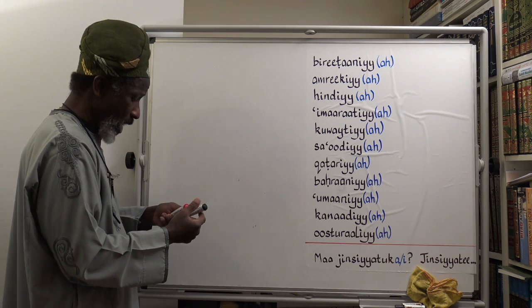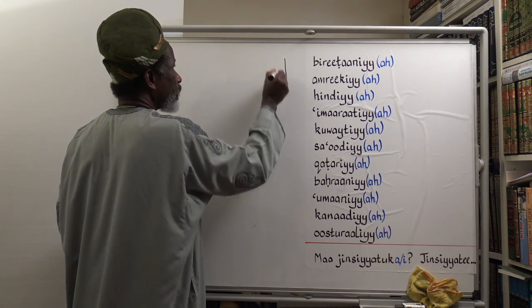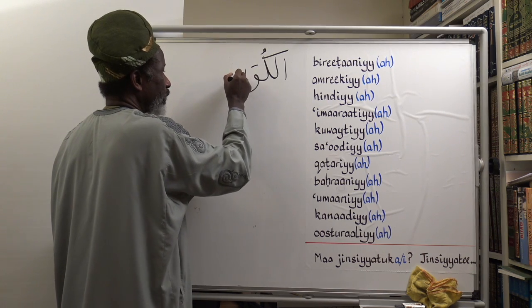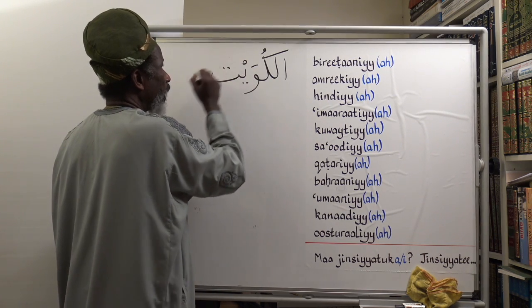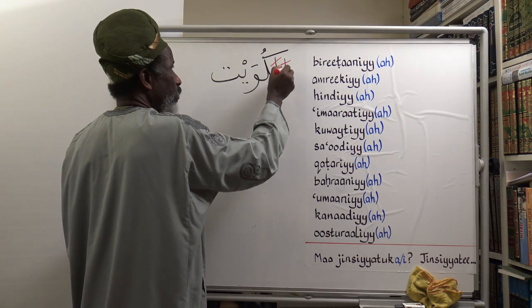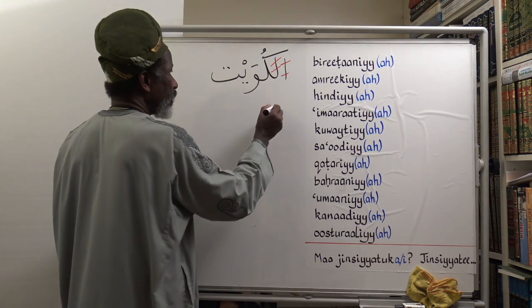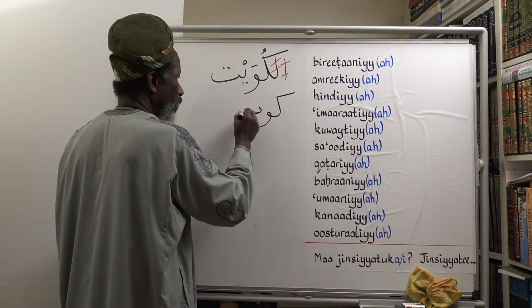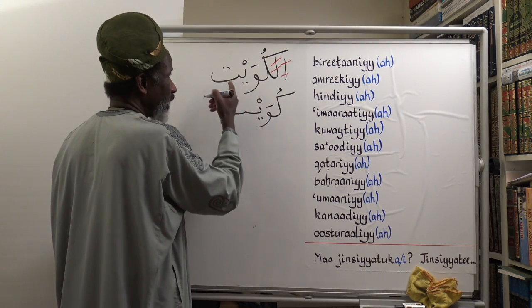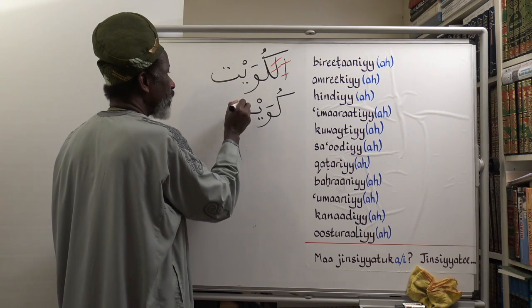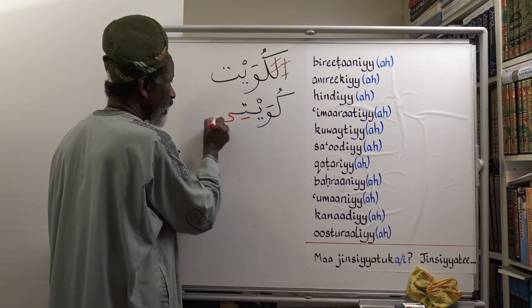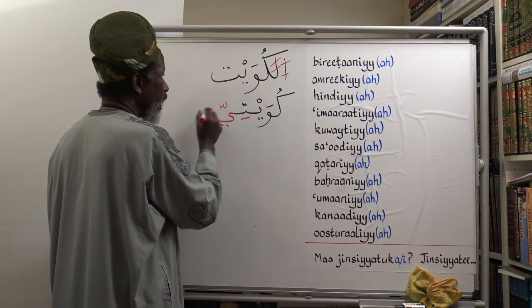The nisba. So you have, let's say, Al-Kuwait. Here you remove, as has been explained, the alif wa lam, and you end up with Kuwait. Now the last letter, which is the ta, you need to put kasra there and add the ya with shadda.